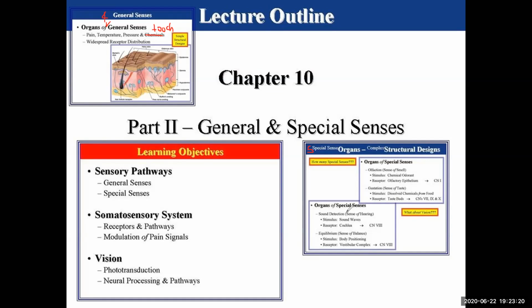Sense of hearing: stimulus is sound waves, receptor is cochlea, sent through nerve number 8. And equilibrium, sense of balance: body positioning, receptor vestibular complex, cranial nerve number 8 as well.